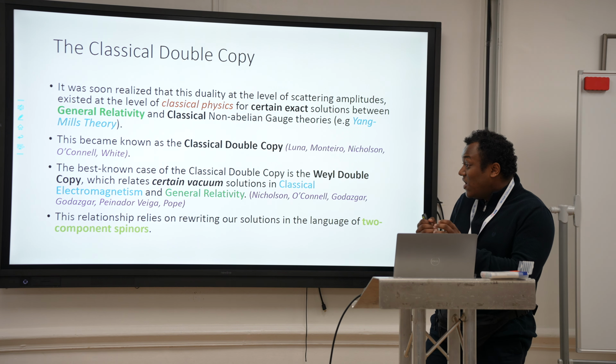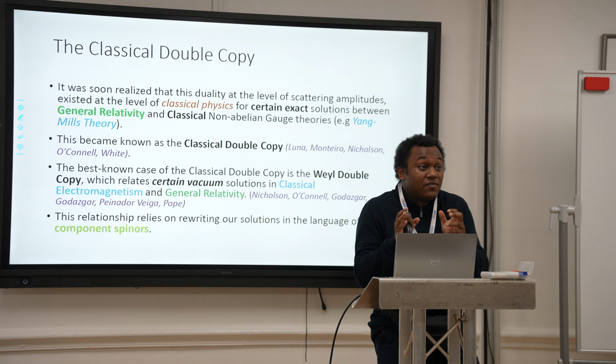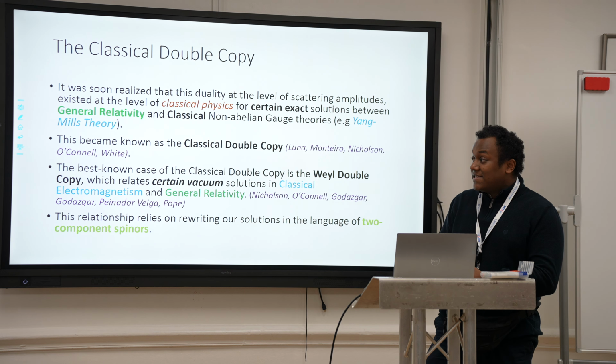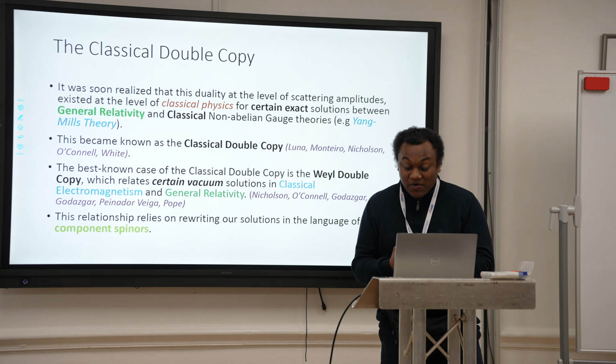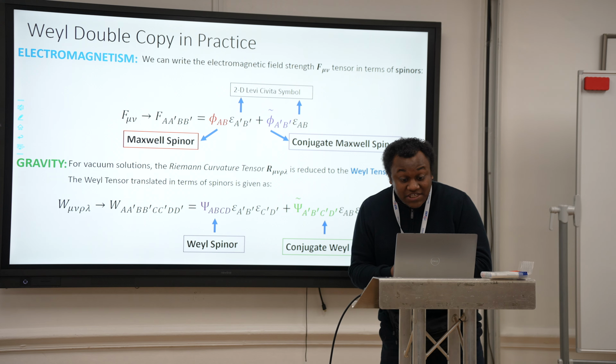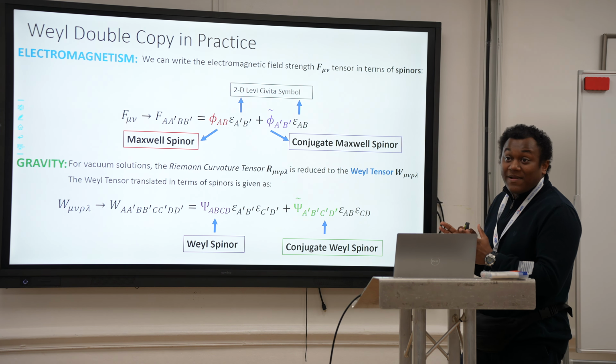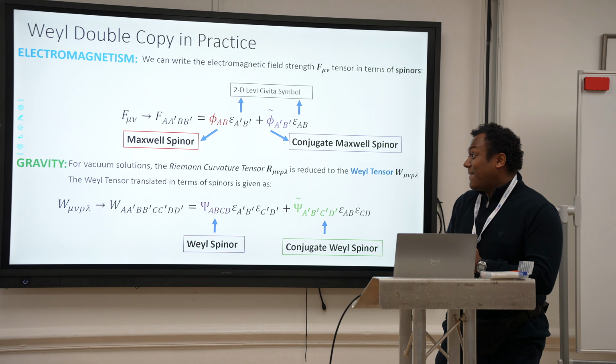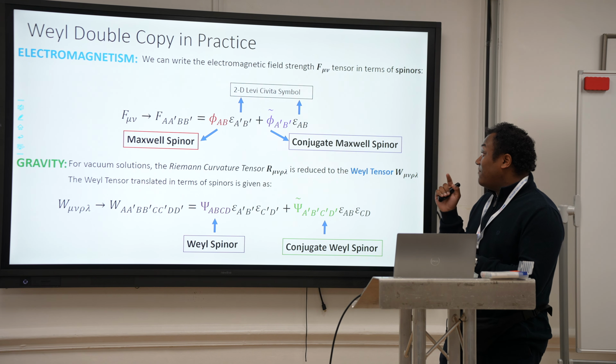In order to see how that works, we need to move away from our usual tensorial formulation of classical theories and move into the language of two-component spinors. How that works in general is, remember that any electromagnetic solution in classical electromagnetism can be described by the electromagnetic field strength tensor, F_{μν}.